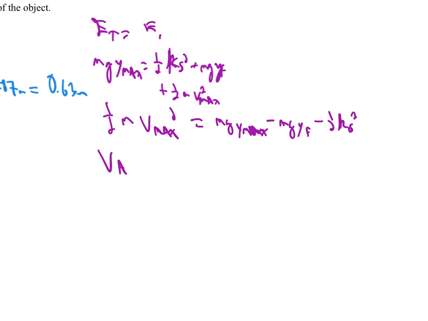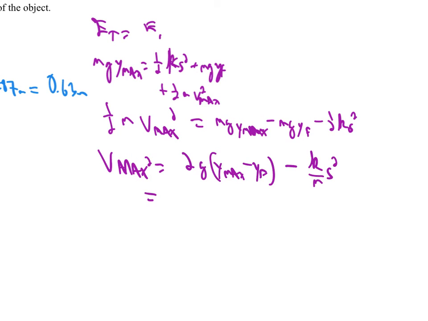So v max squared is, let's bring over the 2 over m, so we get 2g times y max minus y final, minus, that's gone away, and we have k over m s squared.